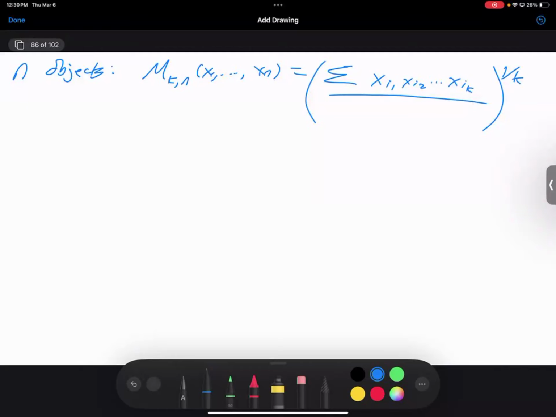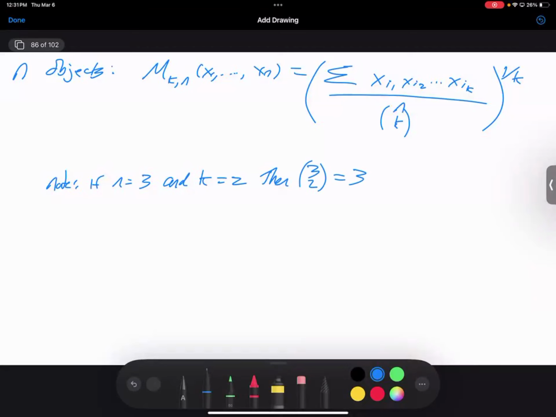What do I have to divide by? And how many things do I add? n choose k. And note, if n equals 3 and k equals 2, then 3 choose 2 does equal 3.